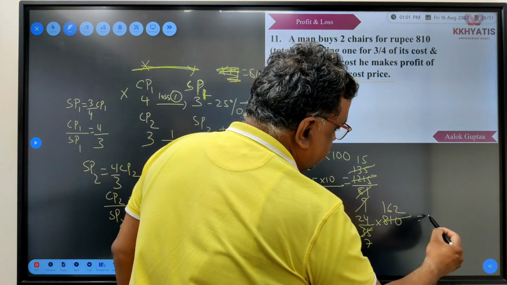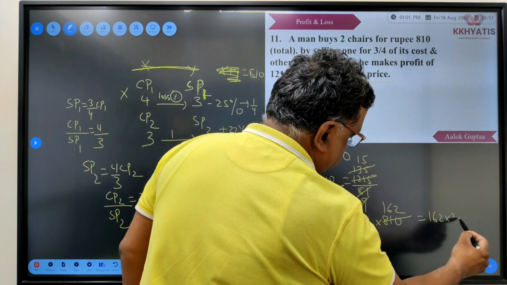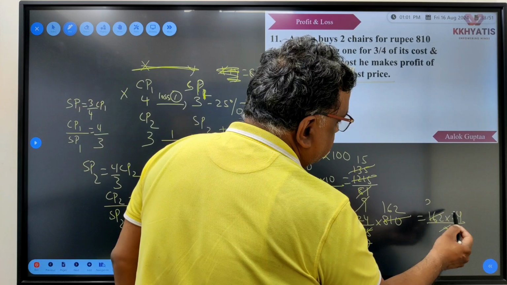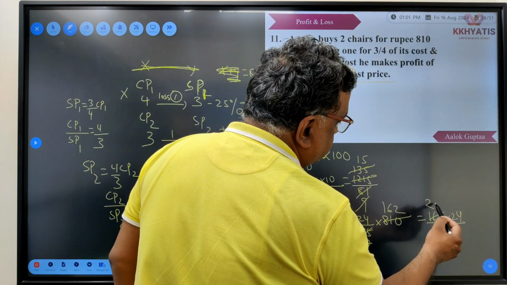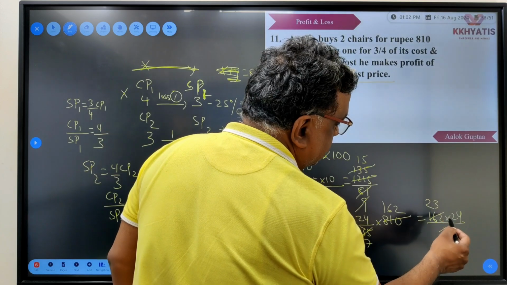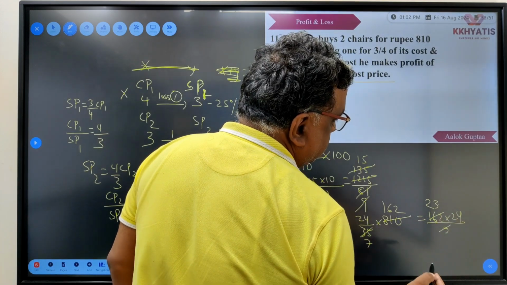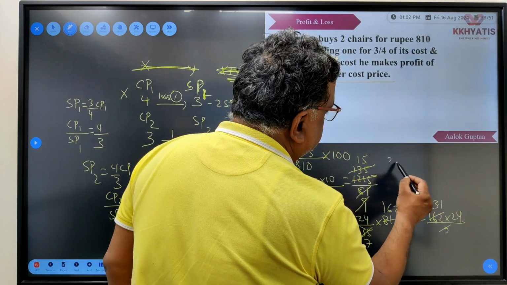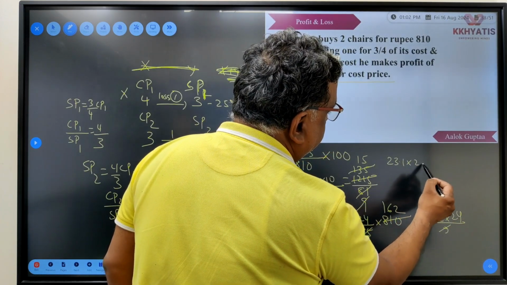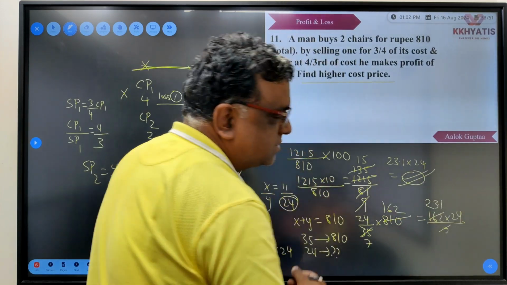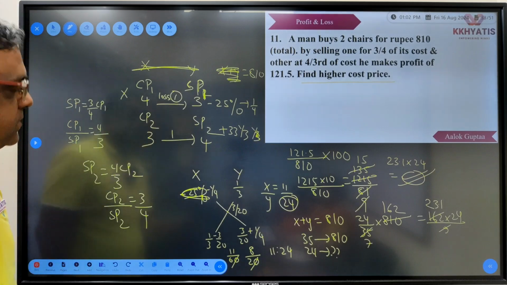So the price would be 162 into 24 divided by 7. 7 2 is 14, 22, 7 3 is 21, 1. 23.1. So it will be approximately 23.1 into 24. So we can calculate this value and get the answer. Okay, let's move next ahead.